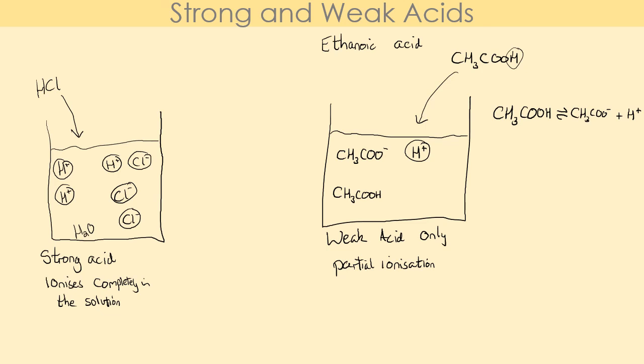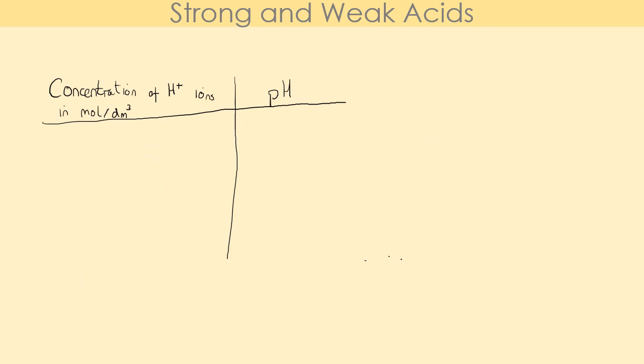We're now going to have a look at how the concentration of hydrogen ions relates to the pH. So we're going to look at the concentration of H+ ions in moles per decimetre cubed. Now when the concentration of H+ ions is 0.1 moles per decimetre cubed, we have a pH value of 1. When the concentration is 0.01, we have a pH of 2.